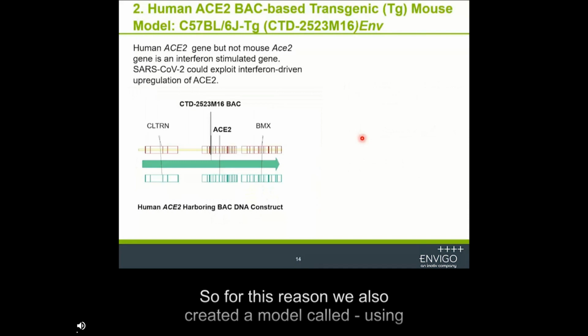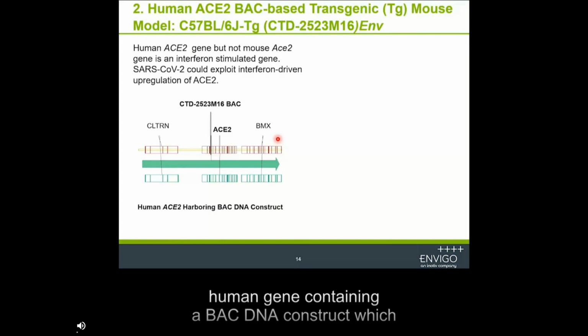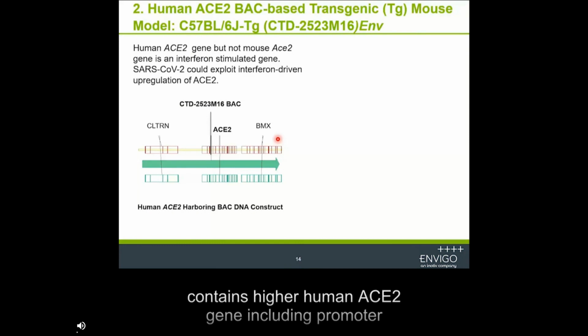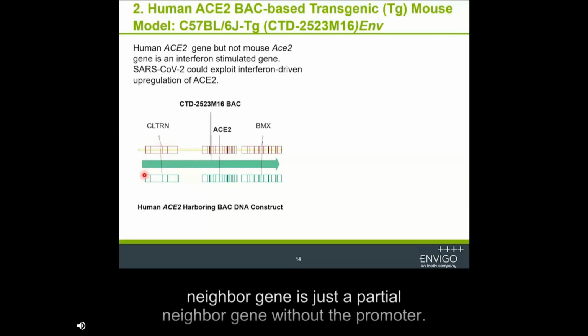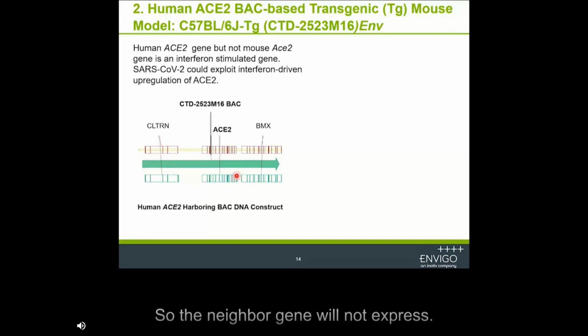So for this reason, we also create a model using a human gene containing DNA construct which contains the entire human ACE2 gene, including promoter sequence, as well as some neighbor gene. But the neighbor gene is just a partial of the neighbor gene without the promoter, so the neighbor gene will not express.